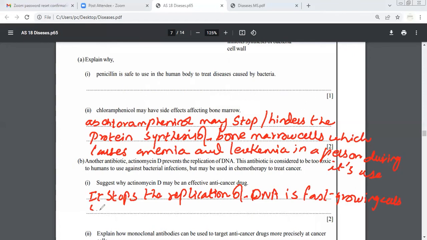So it can be used as an anti-cancer drug, because it stops cancerous cell DNA synthesis.